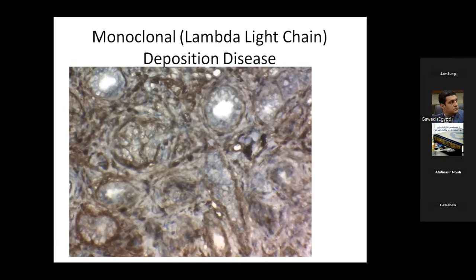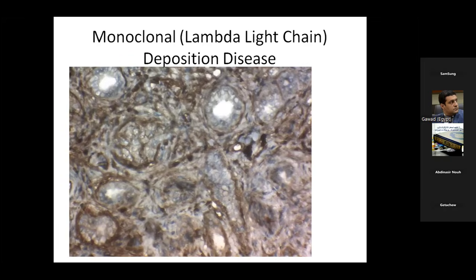This patient presented mainly with proteinuria, heavy range proteinuria, which was not mainly albuminuria. It was heavy range proteinuria, which is classic for light chain cases or monoclonal deposition disease and cast nephropathy, due to hyperfiltration of the light chains.